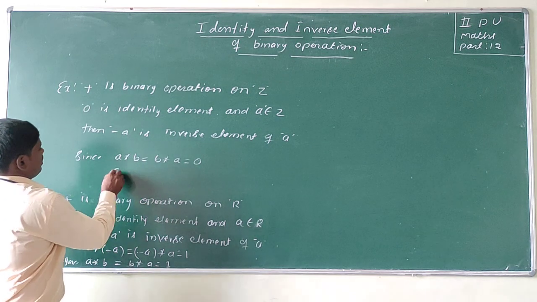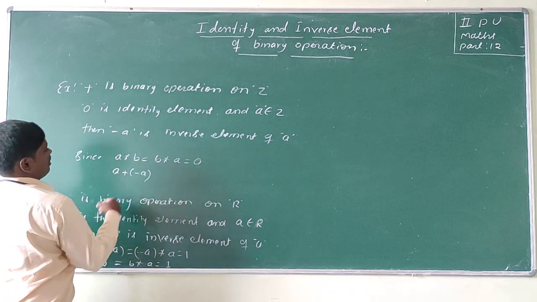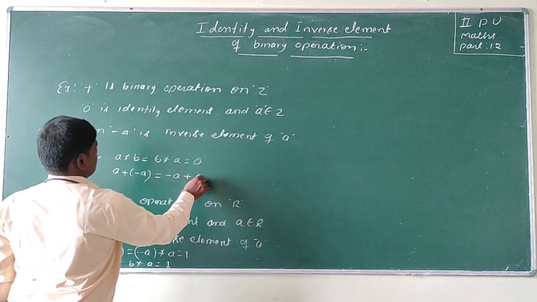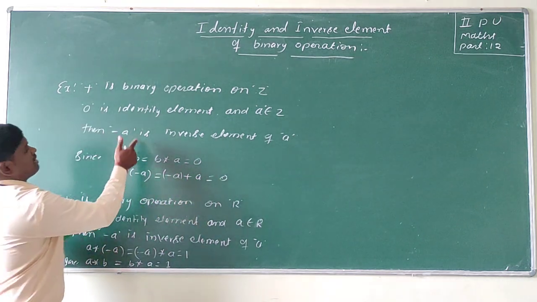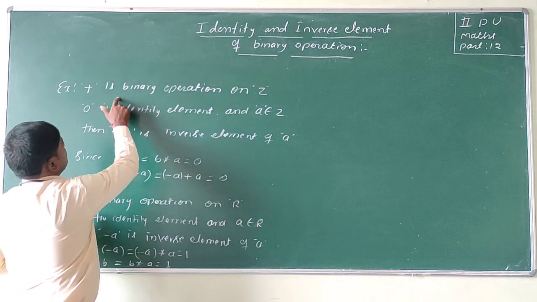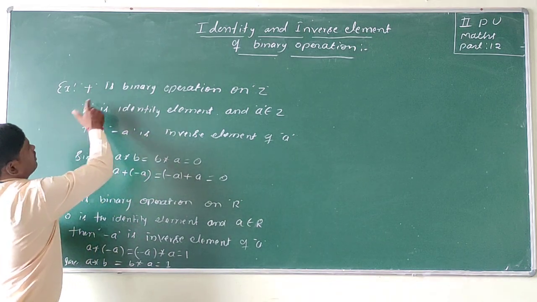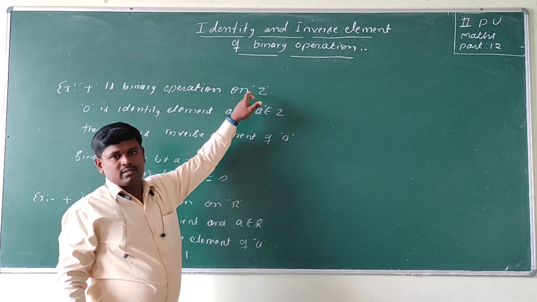That is, a plus minus a is equal to minus a plus a is equal to 0. Therefore minus a is the inverse element with respect to addition on Z.